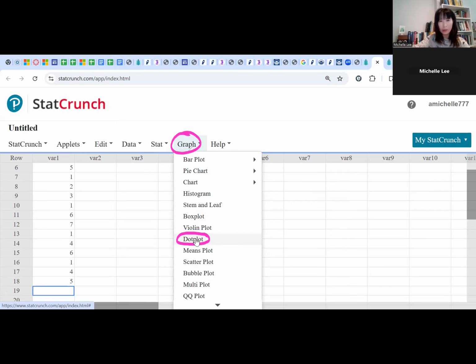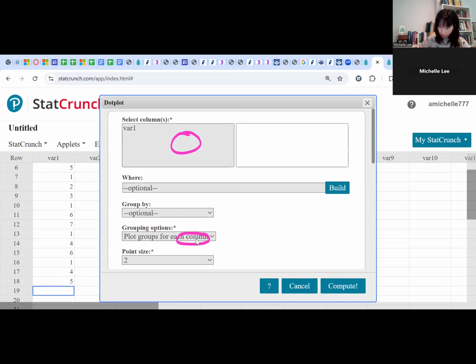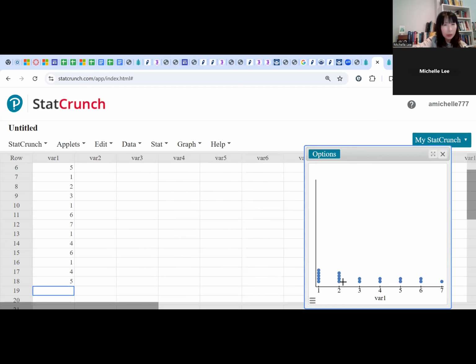Click that. If you want, you can change the title, like spam calls. And then select the column, and that's it. Just compute.